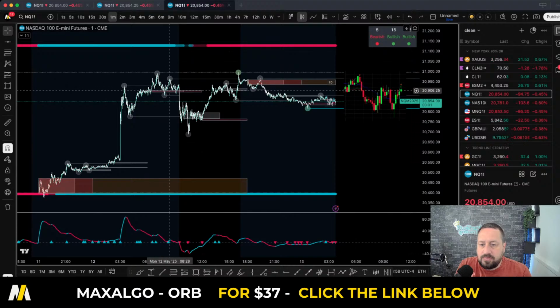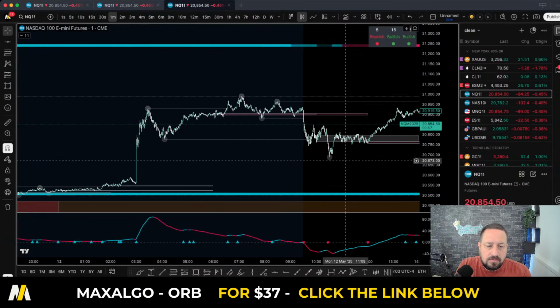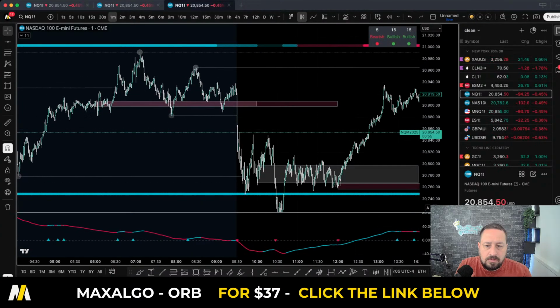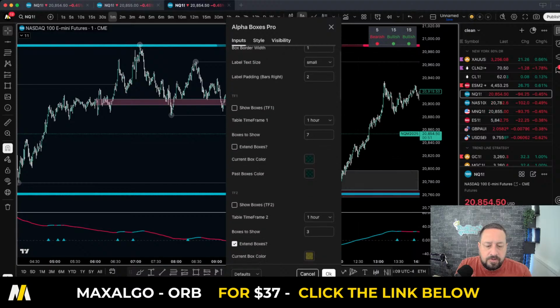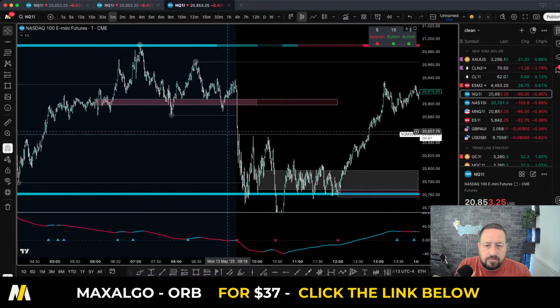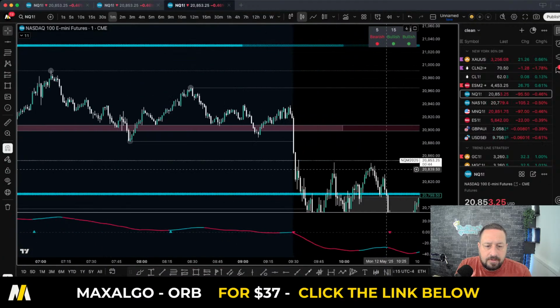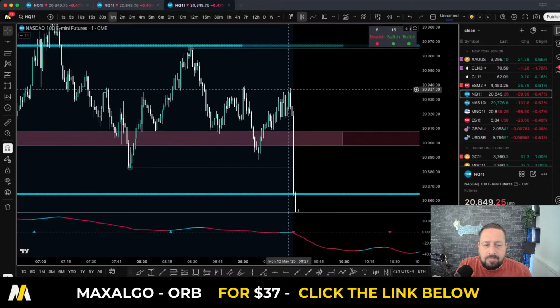This was a beautiful trade down, just before the open, I think. It was great. Trap buyers, real strong trap buyers in there, and then we just plummeted.